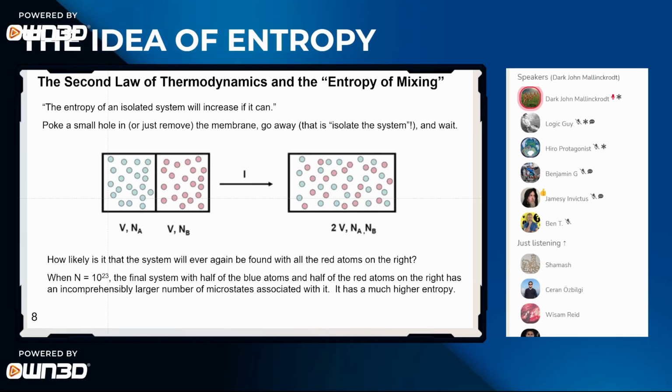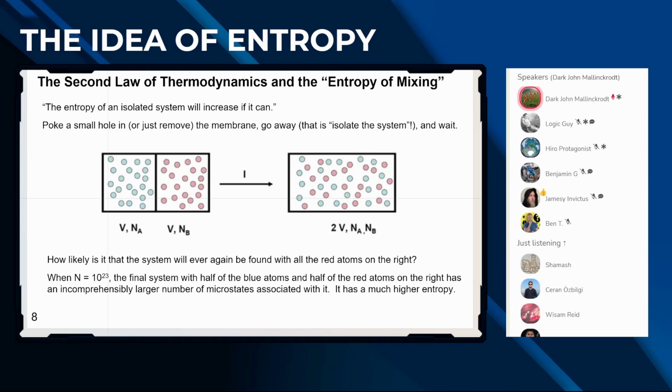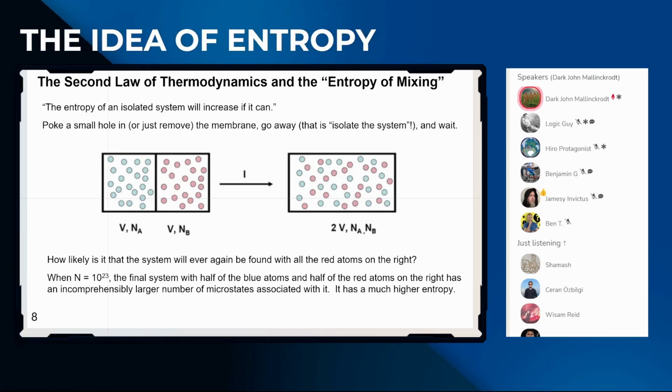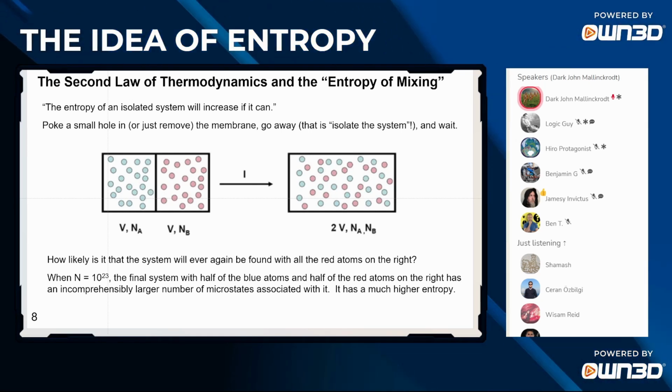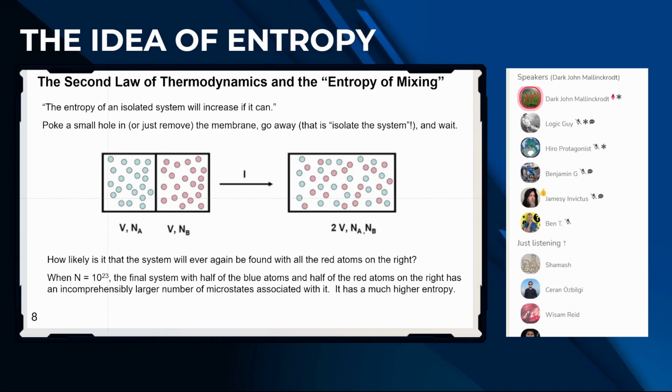Imagine you had a sentient being who sat there at that little hole and simply closed a trap door whenever a red molecule was moving at it from the right, to keep it on the right, and opened up that trap door when a red molecule was moving at it from the left, to get it over to the right, and vice versa for the blue molecules. An intelligent being could operate a trap door and get it back to that low entropy initial state.